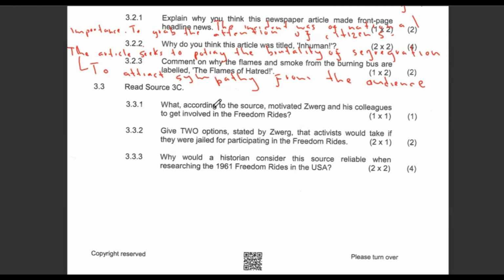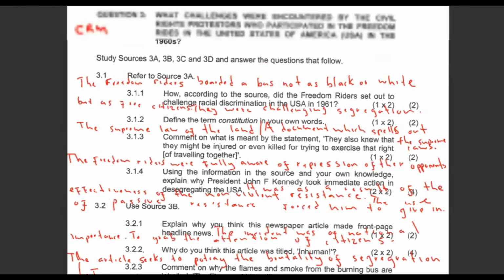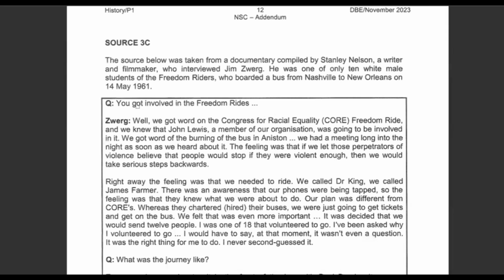What, according to the source, motivated Swag and his colleagues to get involved in the freedom rides? So if you go back to it, we need to quote the words of Swag. You got involved in freedom rides, where we got word from the Congress of Racial Equality, CORE, Freedom Ride. We knew that journalists were going to be involved in it.